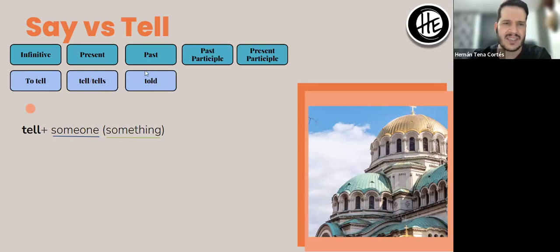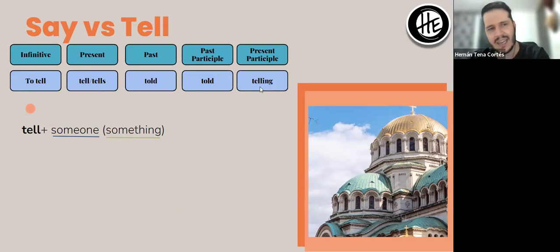In the past, we say told. In the past participle told. And when we're using the progressive continuous, we say telling. Now we use tell and then someone or something. Tell someone something. Uno puede decir tell y después una persona y después algo.